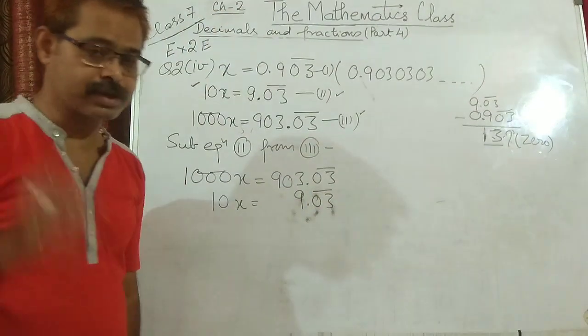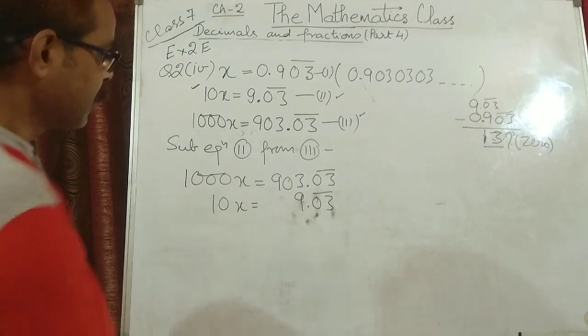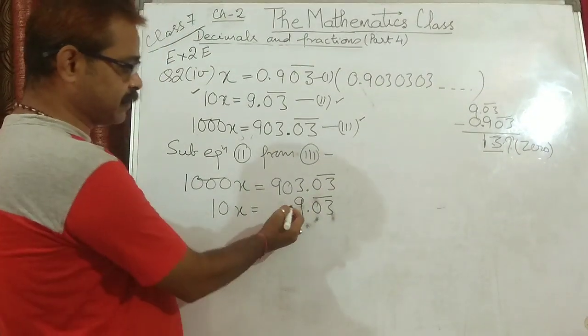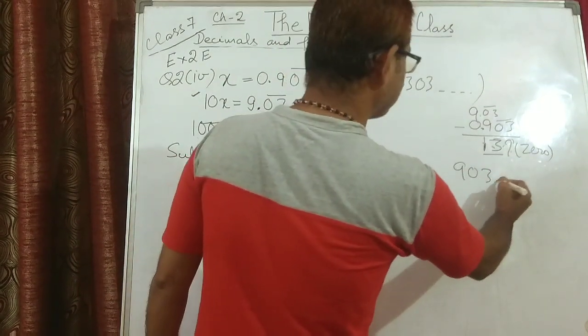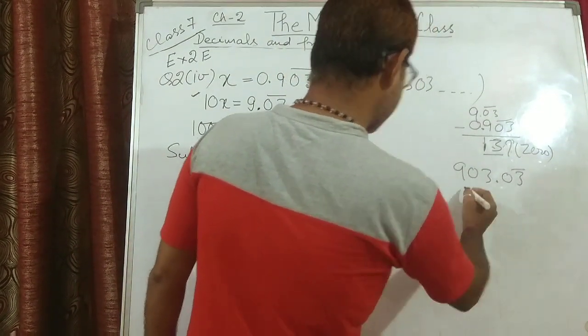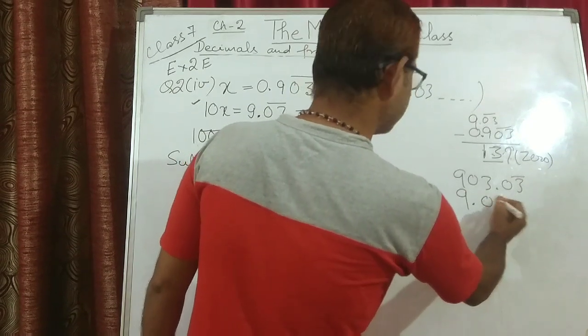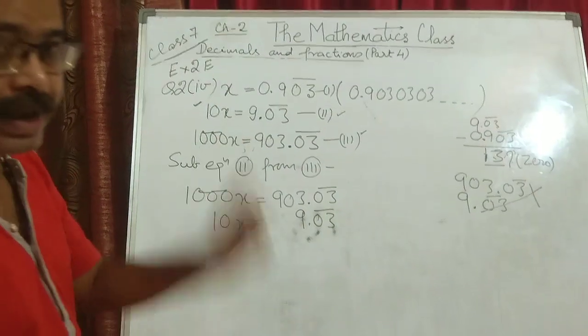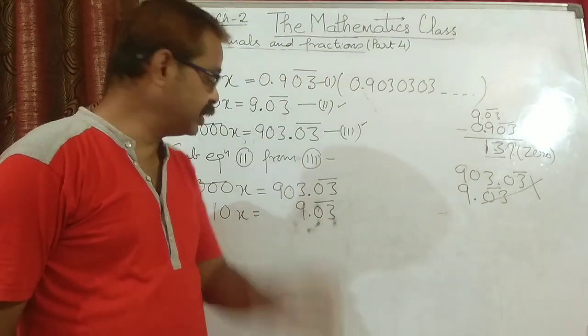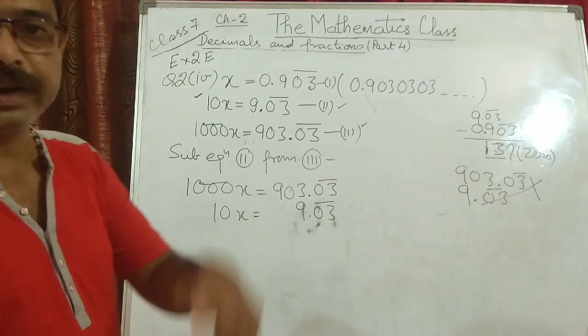We have already discussed how to write decimals in the vertical form: decimal should come below decimal. That is why I have written in this way. If you write 903.03 bar and 9.03 bar without aligning the decimals, that is wrong. Always remember, whenever we are adding or subtracting decimals, we need to write decimal below the decimal.